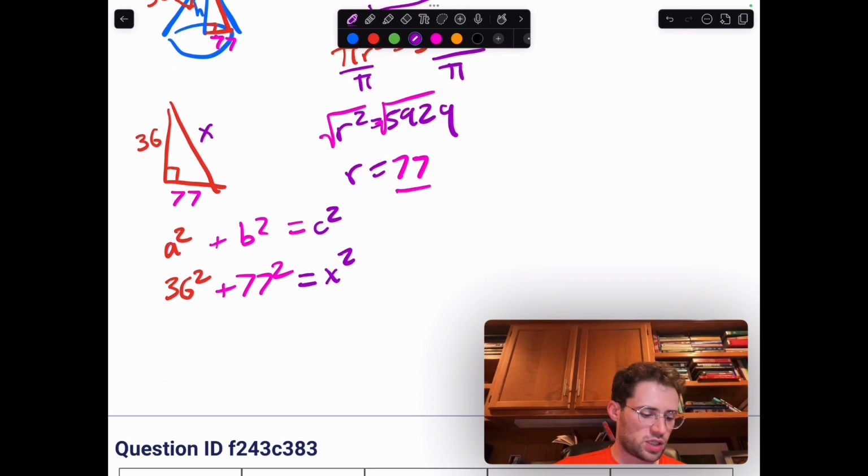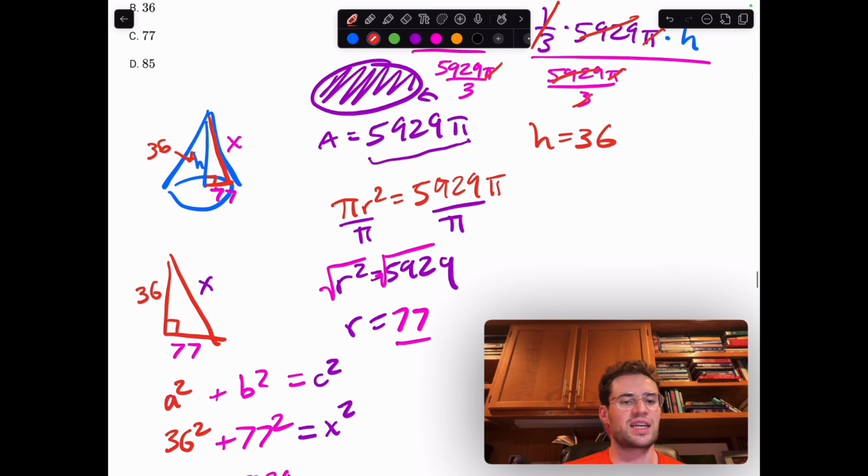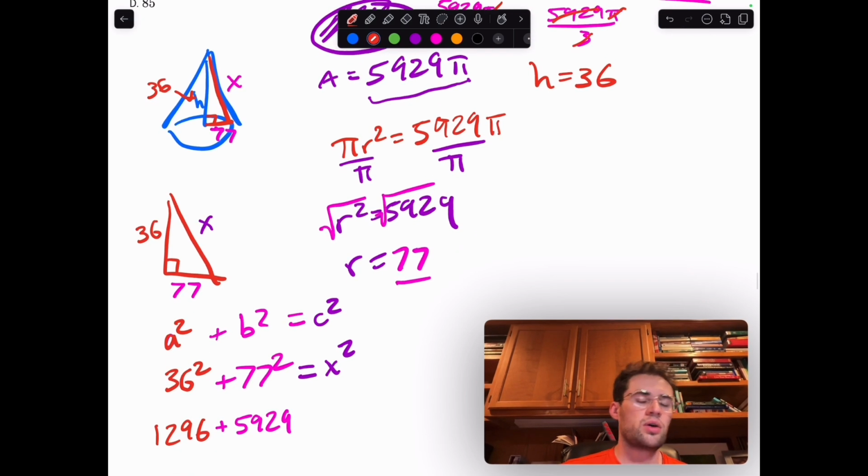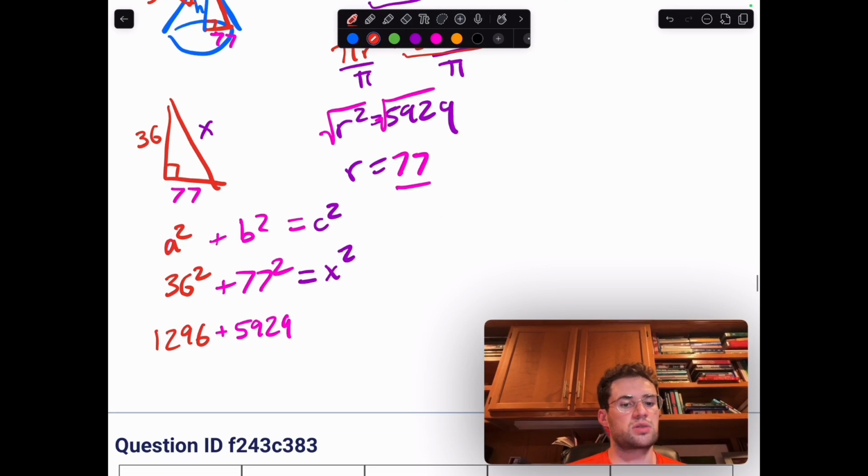And now 36 squared is 1296 plus 77 squared is 5929. You add those two together. And I guess, okay, so we actually didn't need to find that it was 77, because if you thought ahead, you'd go, well, if I'm doing the Pythagorean theorem, I'm going to be squaring it. So I could figure out that that's what it is squared.